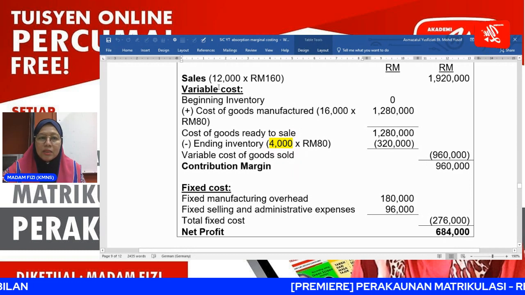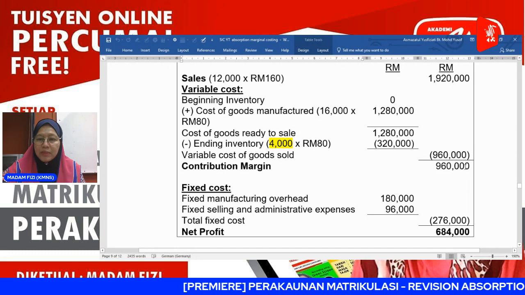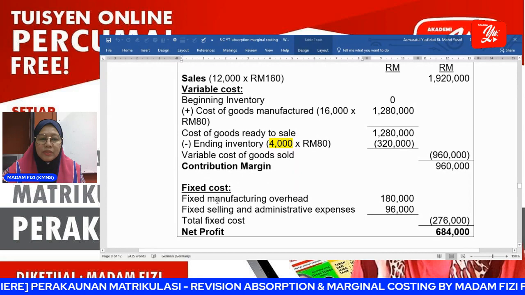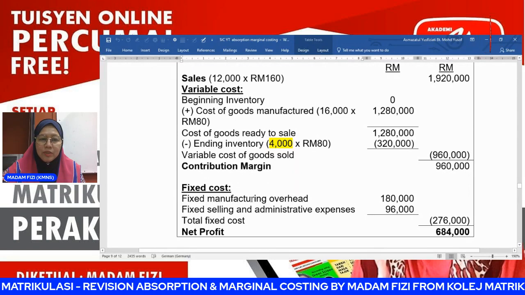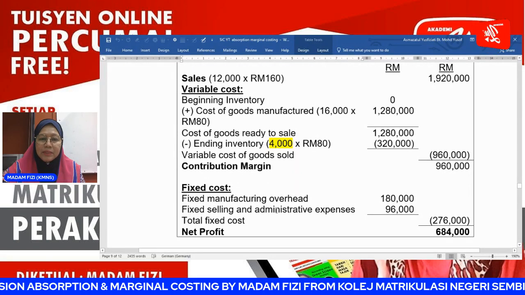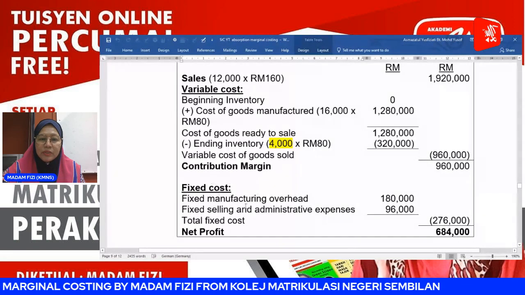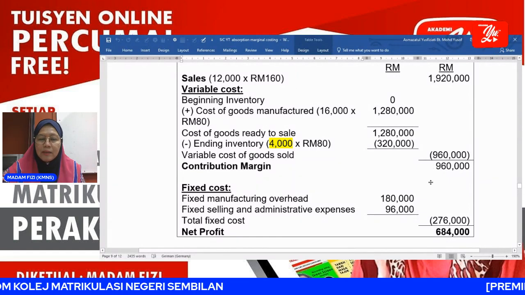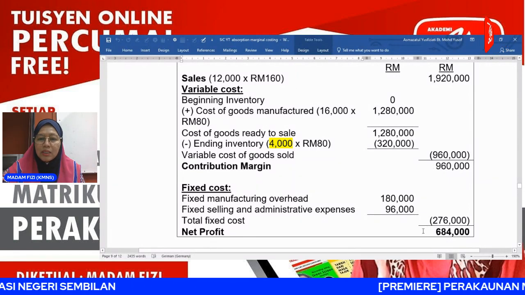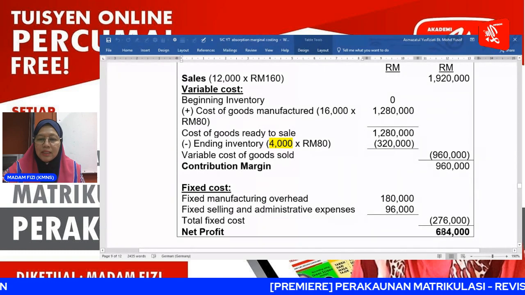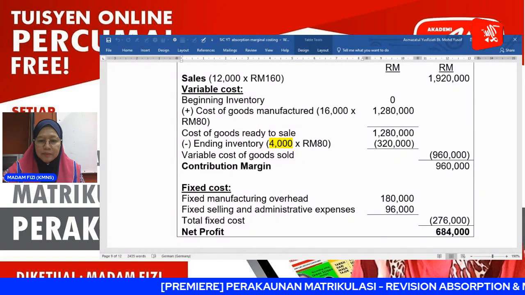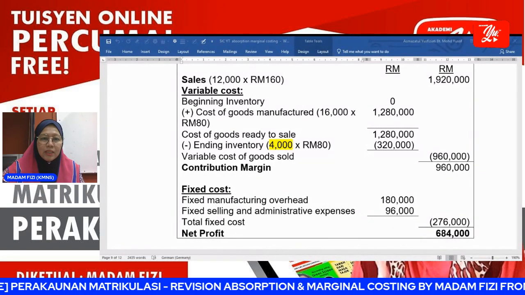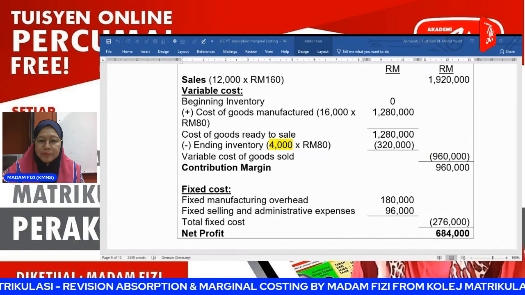So, sales minus variable cost dapat contribution margin 960,000 minus fixed cost. Okay, fixed cost ada fixed manufacturing overhead and fixed selling and administrative expenses. So total fixed cost is 276,000. Okay, so contribution margin minus fixed cost dapat net profit 684,000. Okay, boleh so far ya? Okay, so we will continue.